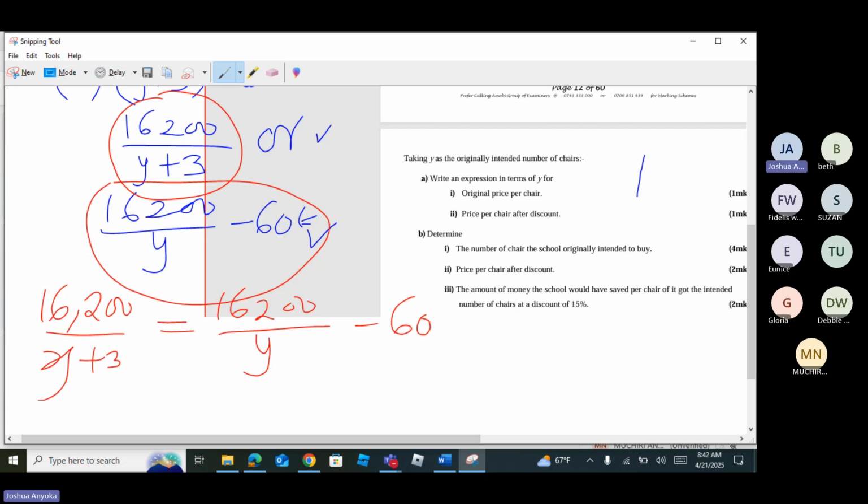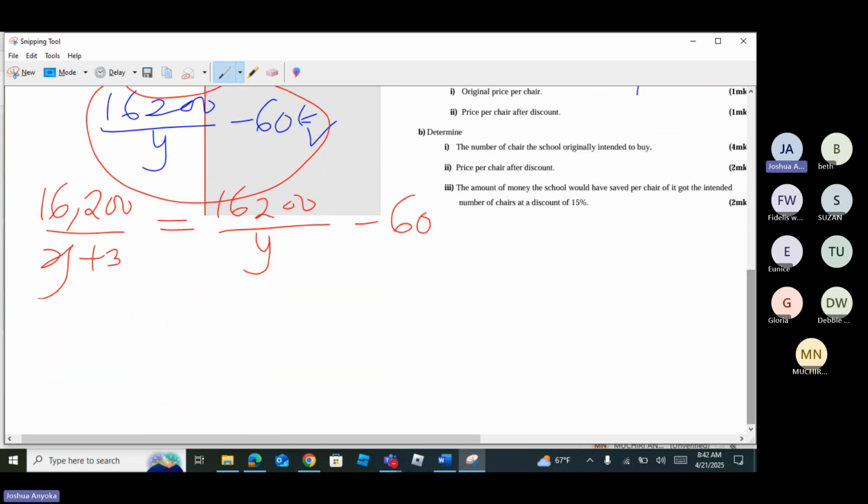But whichever way, we are going to get an equation. We can also have an alternative. How do you find this 60? How do you find the discount? Discount is always equal to original price minus the discounted price.